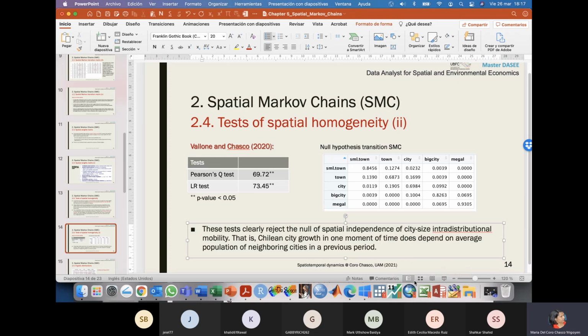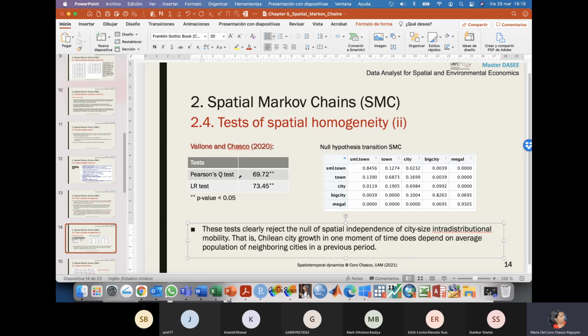It is really very, very significant. So the Chilean city growth in one moment of time does depend on the average population of neighboring cities in the previous period. Well, I must finish also these slides, because I'm not sure if we will have time to finish. So don't worry, because I'm going to test and correct everything.